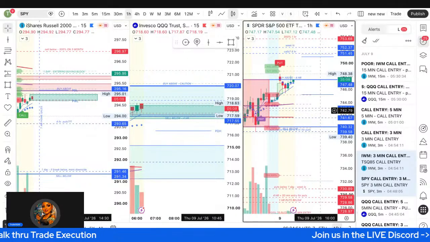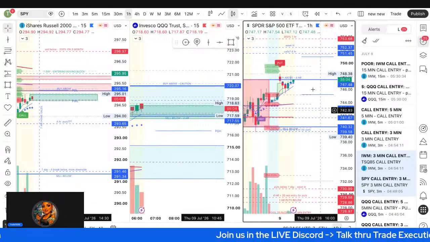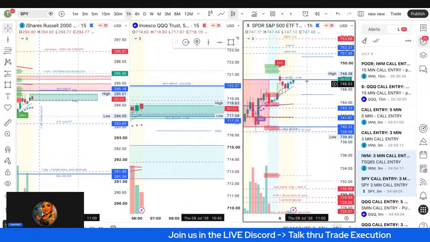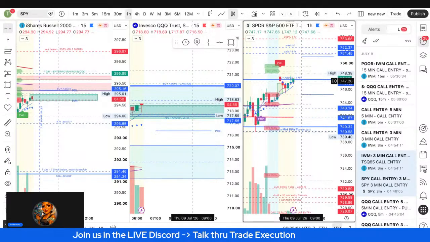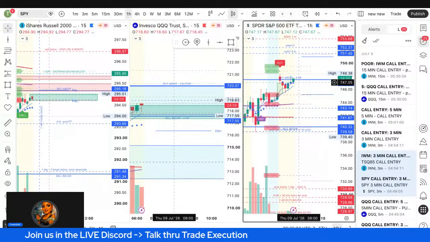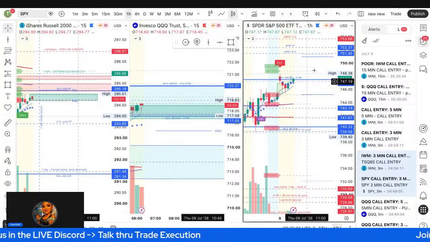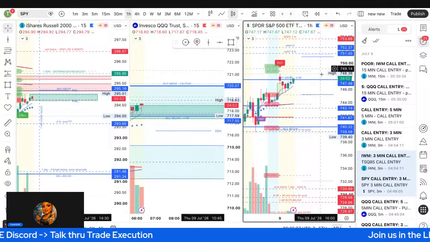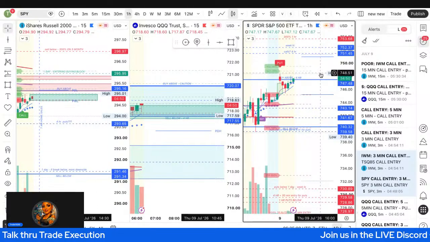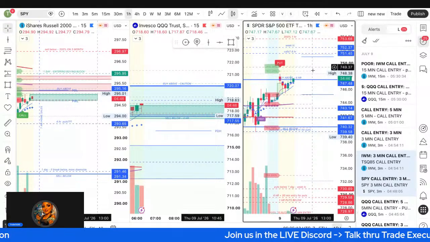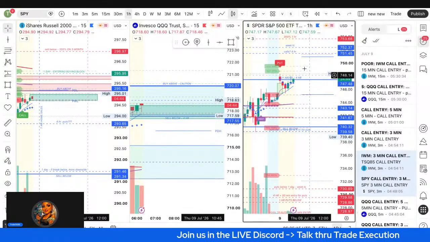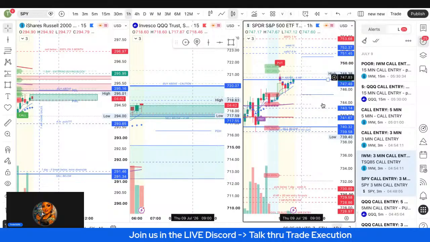This is part of the reason why I like to have the live recordings too, not just the back testing on TradingView, because you can see how it's holding this level. Oh, and we're starting to invalidate. There we go. Now that being said, I'm just going to be careful here. They could try to test stop losses here before we have a little bit more downside.